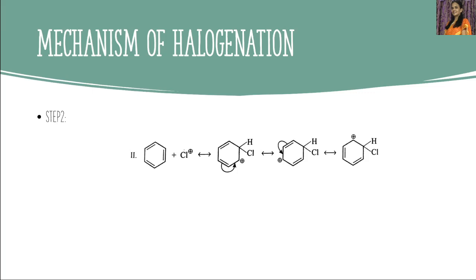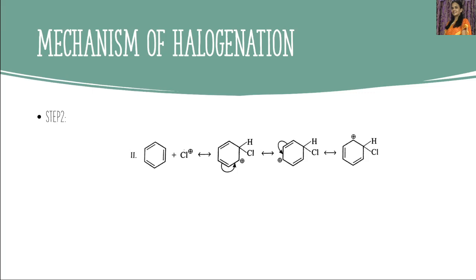With the help of one of the pi bonds, it forms a bond with this electrophile. Now let's say this is our point of interest. Each carbon has one hydrogen, but here we are only showing the electrophilic attack. Therefore, here we have shown the hydrogen, because we should show the loss of this hydrogen. Otherwise each carbon has hydrogen, no doubt.